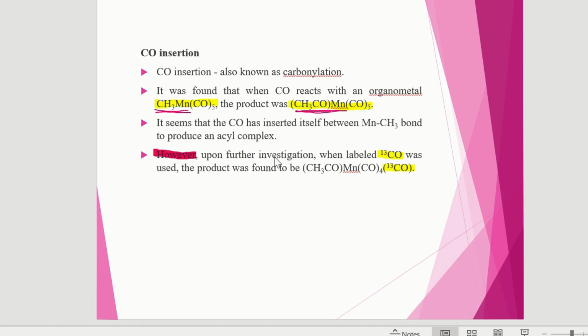However, on further investigation, they labeled the carbonyl CO with 13. The carbonyl 13 was used, and the product was found to have the labeled carbonyl not attached between manganese and CH3, but directly attached to our central metal.